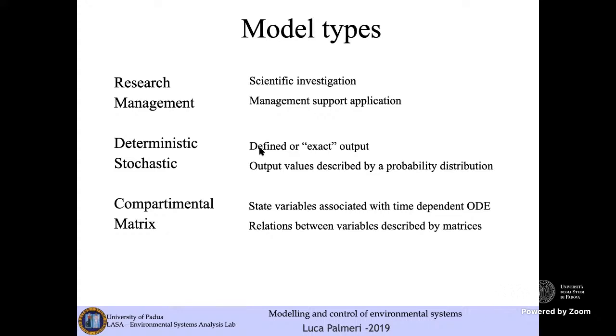Another important classification we have seen during this lecture is that between deterministic and stochastic models. Deterministic models are the classical mathematical models we are used to employ when, for example, we deal with physics. Deterministic models have a defined, or we may say exact, output, while on the contrary, stochastic models include some kind of randomness or uncontrolled variability in a model.